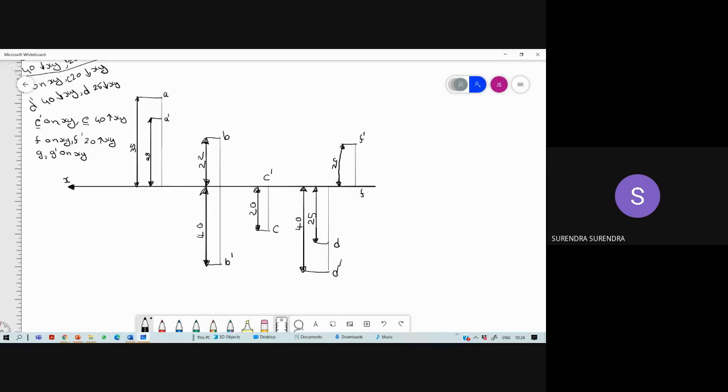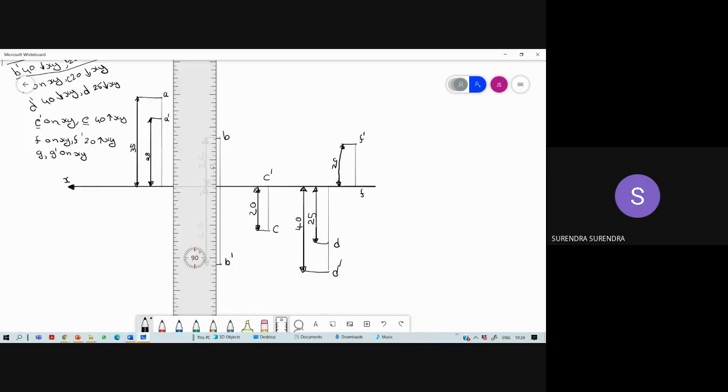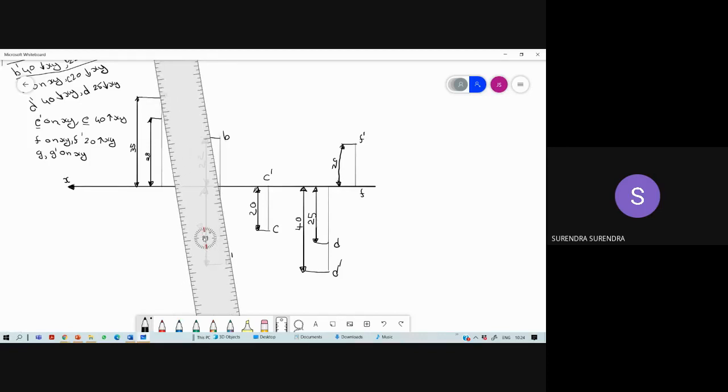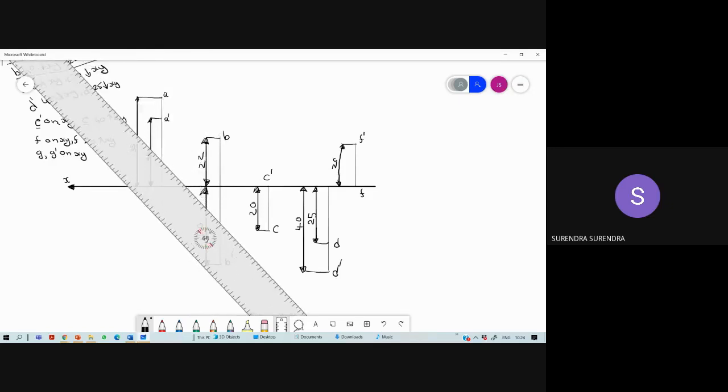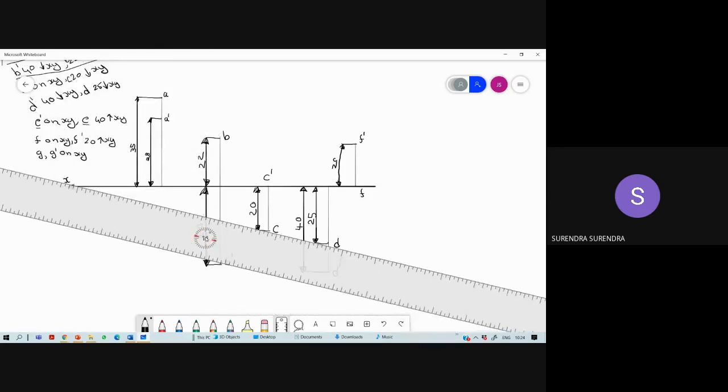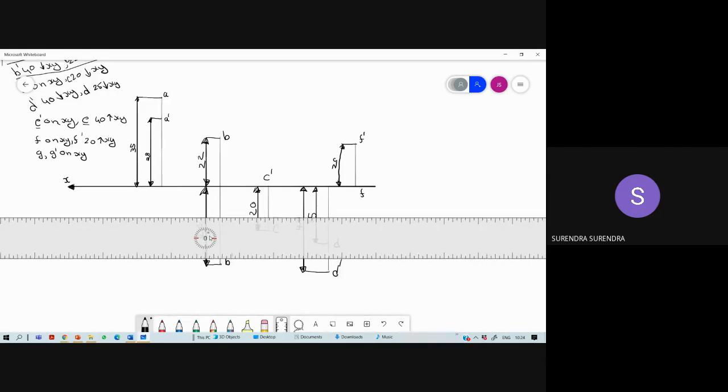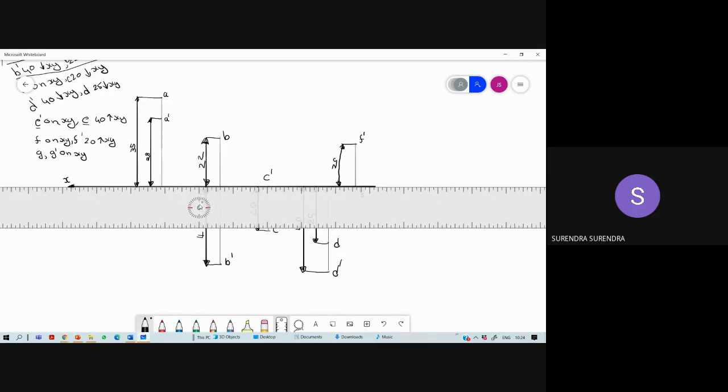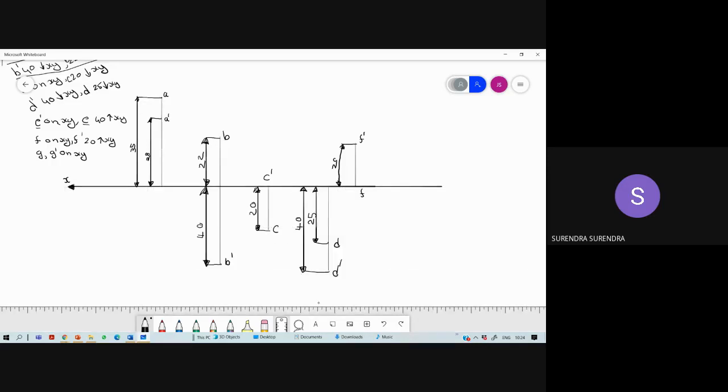Now coming to G, both G and G dash are on XY line. So on XY line, by maintaining the projector distance of 30 mm, I'm extending this line. Mark a point.